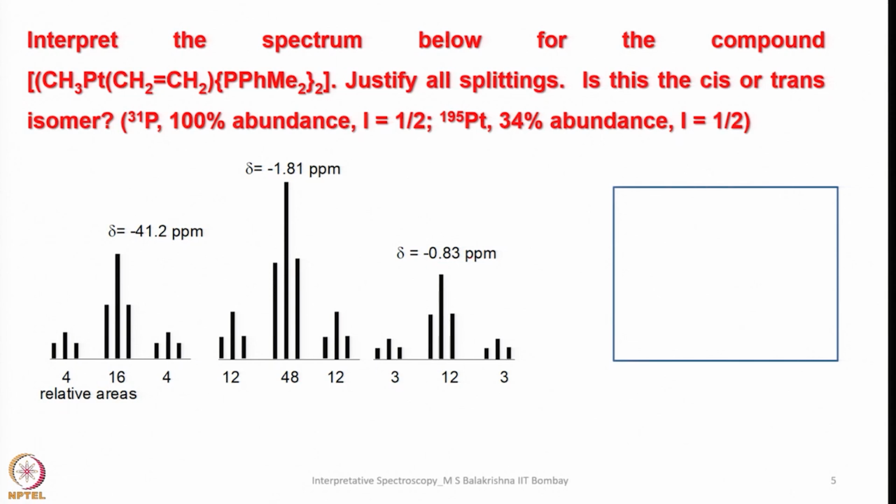So without any problem we can say that this is for CH3, this is for the methyl groups on phosphorus, and this is for the ethylene hydrogen atoms. We can then say that this is the 1H NMR spectrum of this trans compound containing phosphorus, ethylene and a methyl group on platinum, and whatever we see here are all platinum to hydrogen couplings. They come as satellites here.